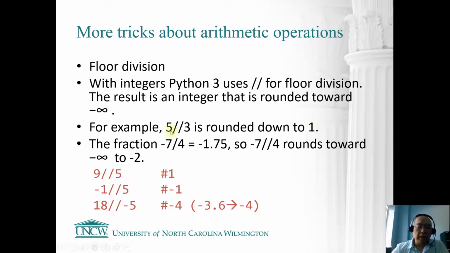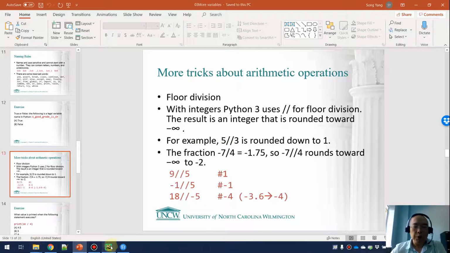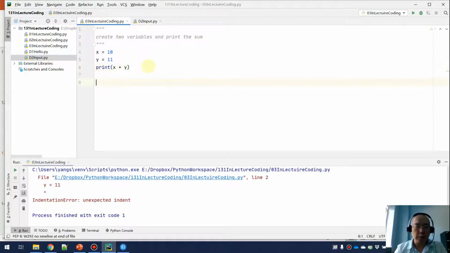So for example, 5 divided by 3, if you round down, you will get a 1. And then a harder case, negative 7 divided by 4 gives negative 1.75. So if you do negative 7 floor divided by 4, you round it down toward negative infinity, and you will get a negative 2.